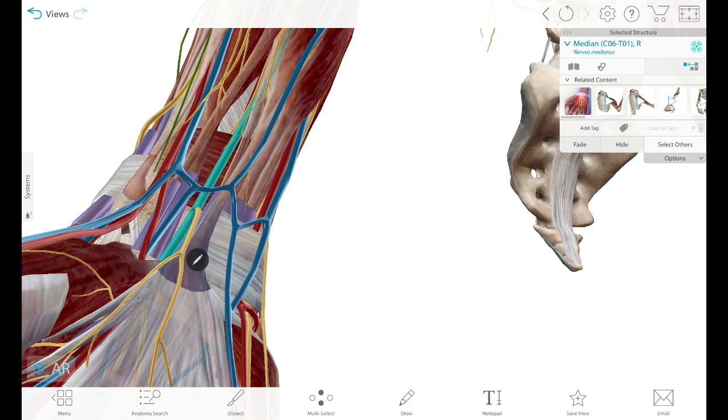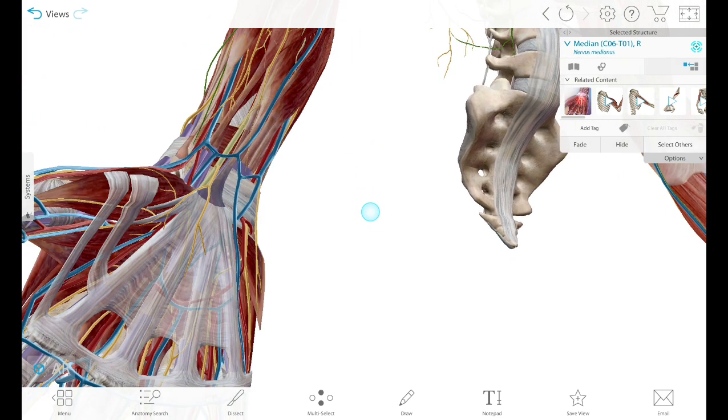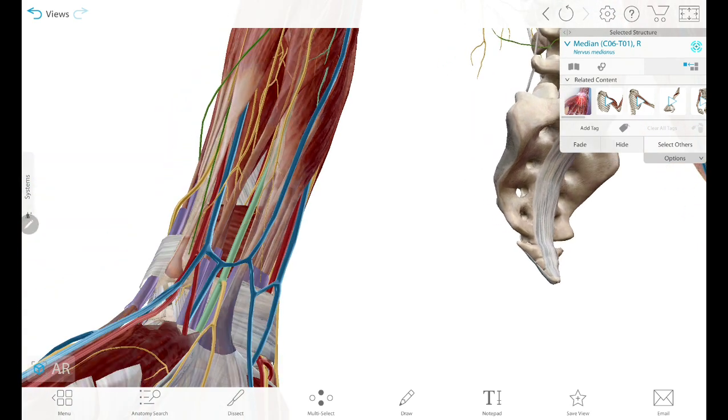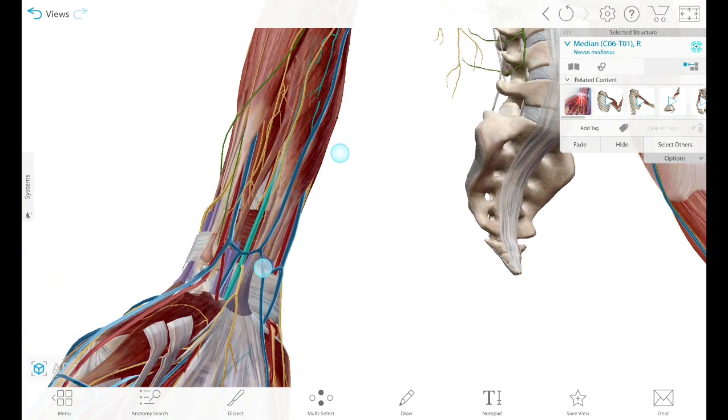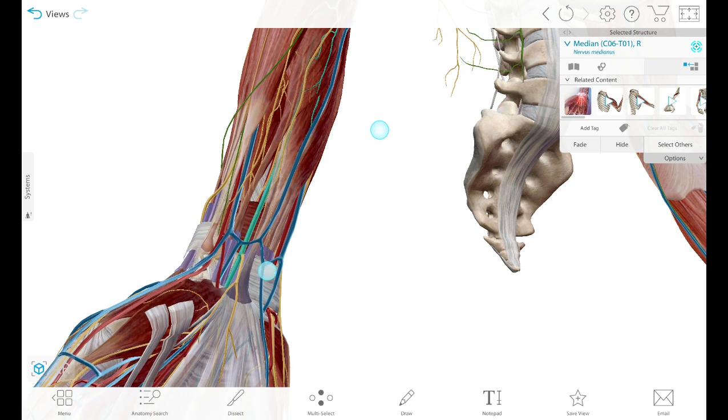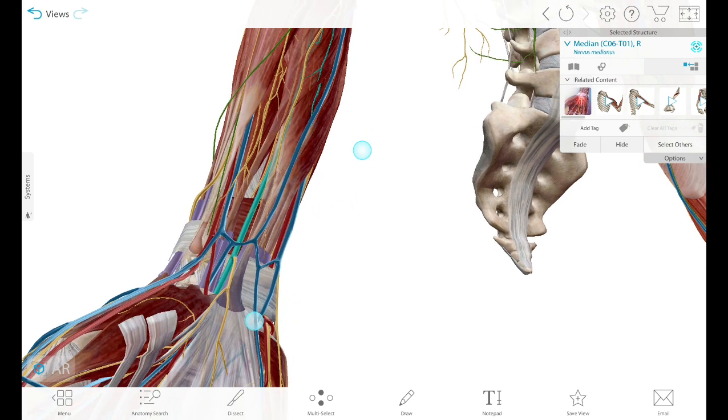So this is the palmaris longus, and the median nerve travels just lateral to the tendon of palmaris longus, and then it enters the carpal tunnel. So this fibrous arc-like structure is the carpal tunnel, and it passes underneath the carpal tunnel to supply the muscles of the hand.